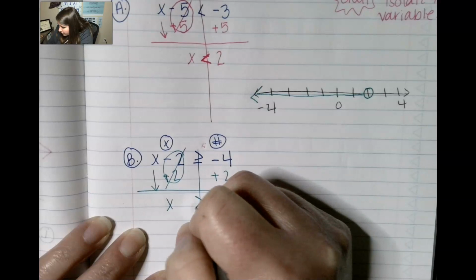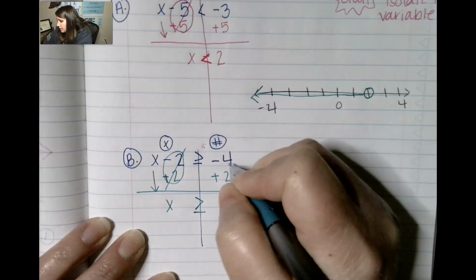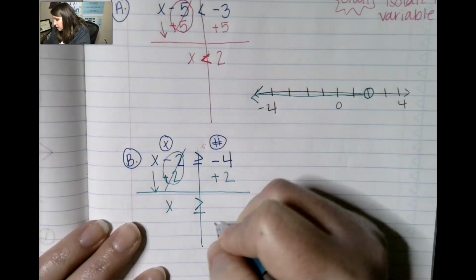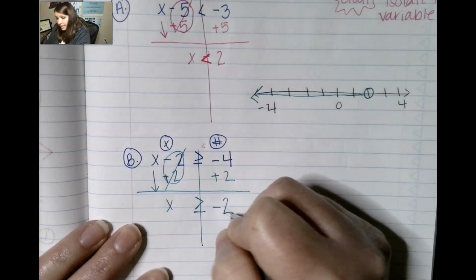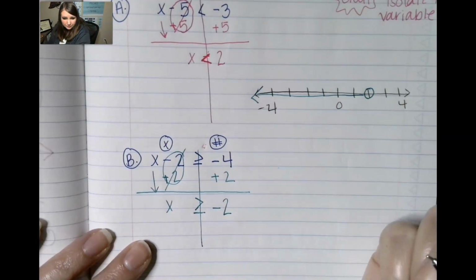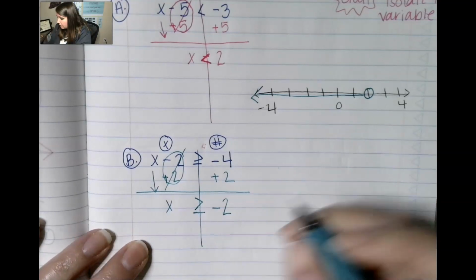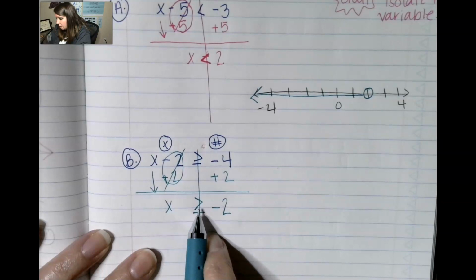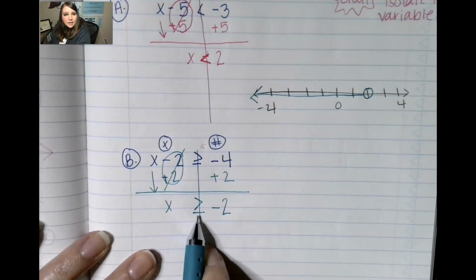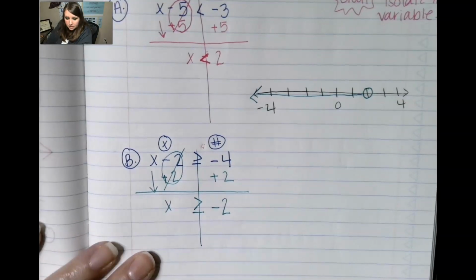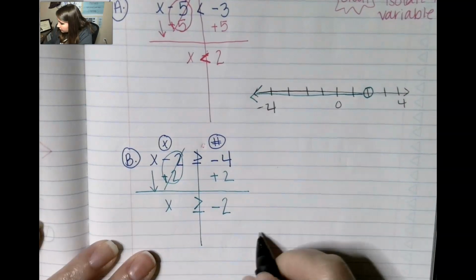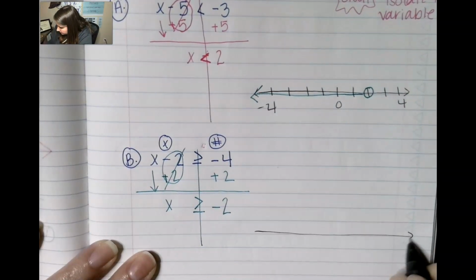It is greater than or equal to, I had -4, I add 2, so I have -2. So now we're ready to graph this. We know that when it's equal to, it's going to use a closed dot. So again, we're going to have our number line.